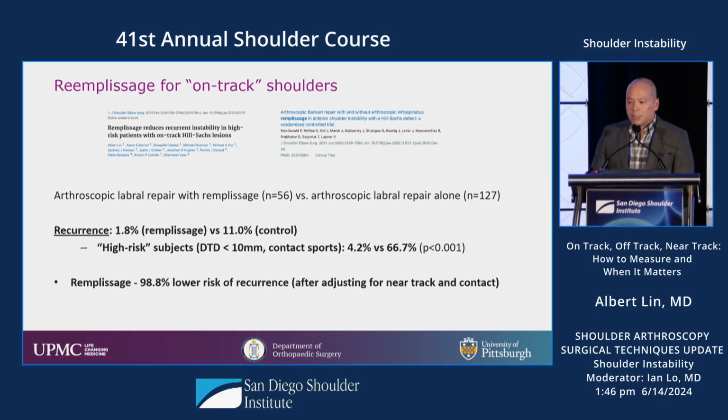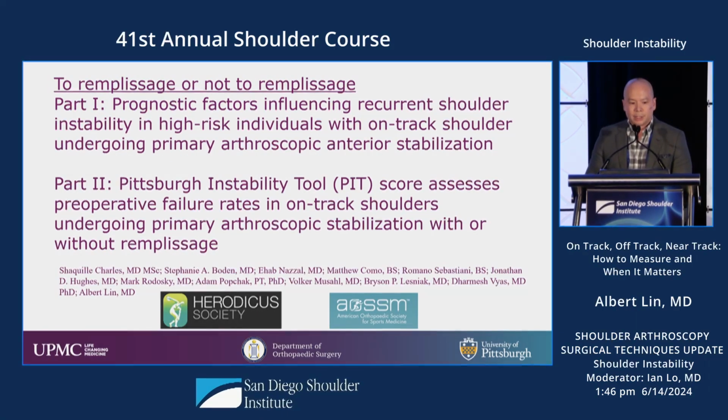Now, if you add a remplissage to an on-track shoulder, you can diminish the risk of recurrence significantly. Pat Denard and I wrote this paper demonstrating that if you do this in high-risk individuals, you can diminish the risk of recurrence pretty significantly in on-track shoulders if you add in remplissage. So the question is, if adding a remplissage diminishes your recurrence rate, who should you be performing this on?